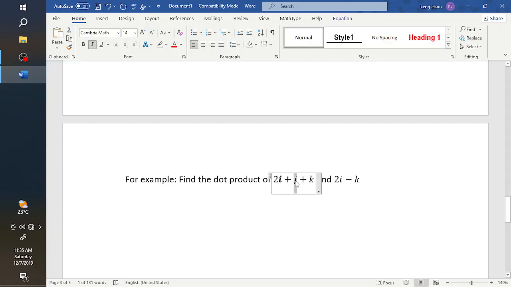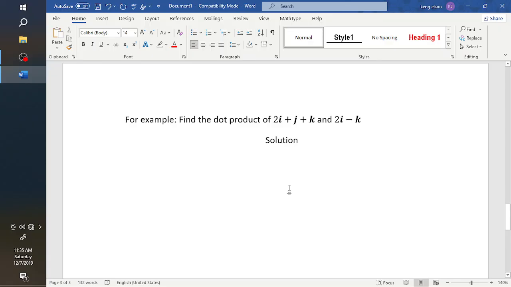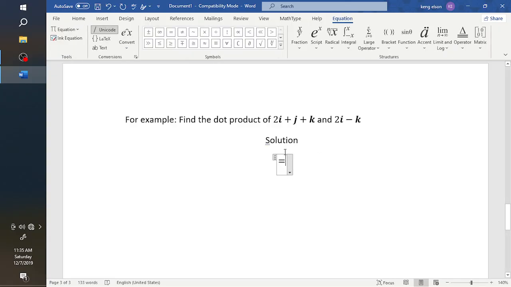Most of the time when I write i without it being in bold, it is still a vector; I don't really have time to always put it in bold. Let us see what to do here to get the scalar product of these two vectors. We write the vectors in their column forms based on the components. The coefficient of i is 2, for j is 1, and for k is 1 in the first vector, dot.